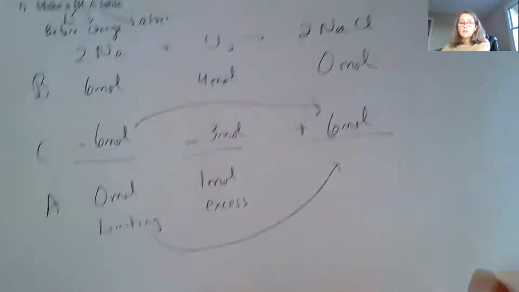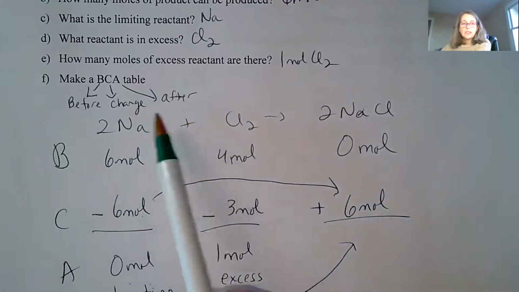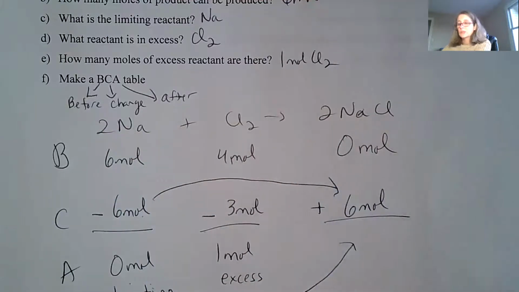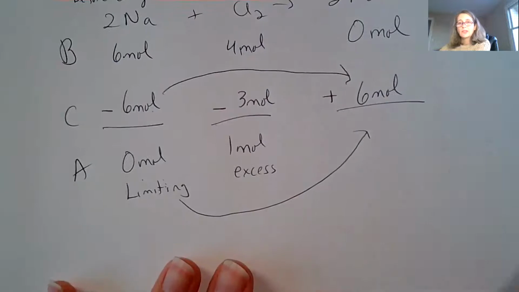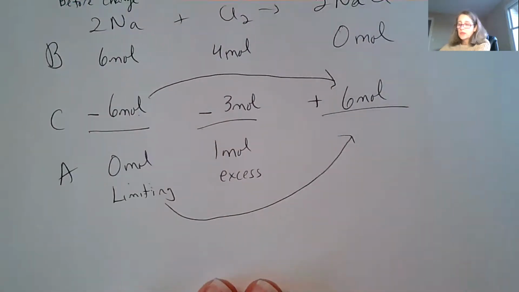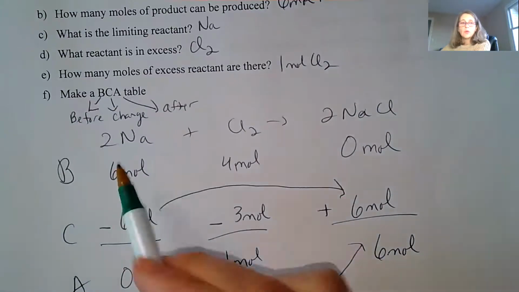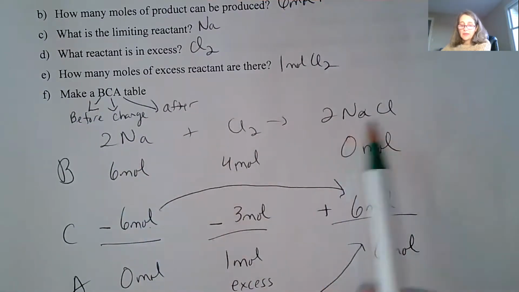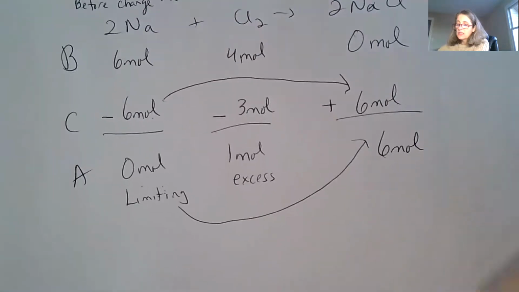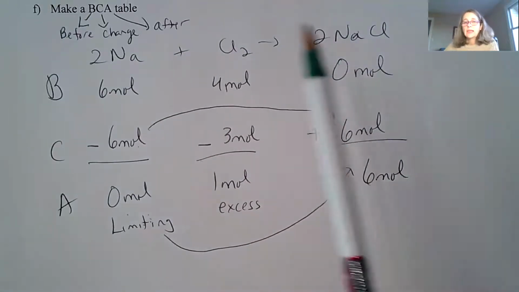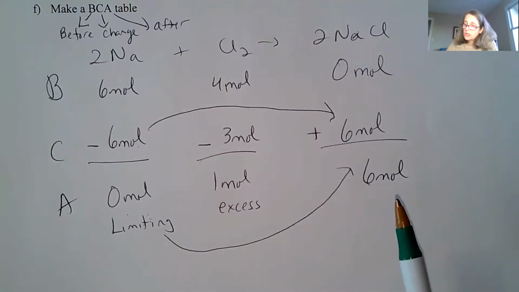Now really in the balanced chemical equation, it is because I have 2 sodiums for every 2 sodium chlorides. So when we get to more complicated problems, you are going to have to look at the balanced chemical equation. But this one turned out real nice because it happens to be the same number of moles for the sodium and the sodium chloride. So this is, again, our basics of what we call a BCA table. And again, with all of the problems that we're going to do, it's just a nice format to organize your information.